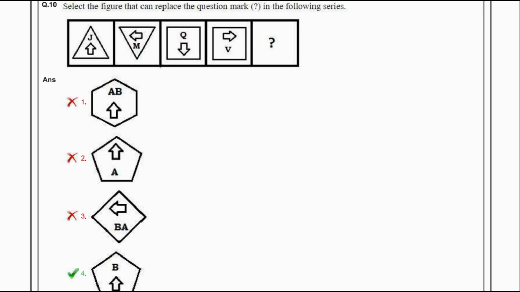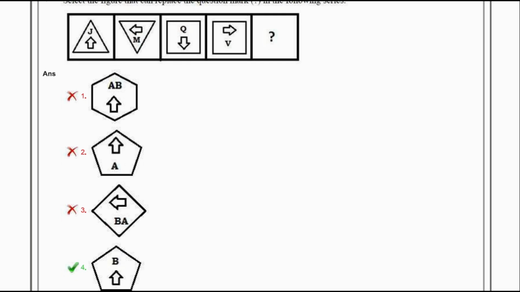So the first thing is the arrow will be in the upper direction, and then J, M, J, KLM, KL 2 space, M, NO, P, Q 3 space, R, S, T, U, V 4 space, then after V there will be a 5 space, V, U, V, X, Y, Z, A, B. So B will be the correct option in this. The option fourth will be correct.